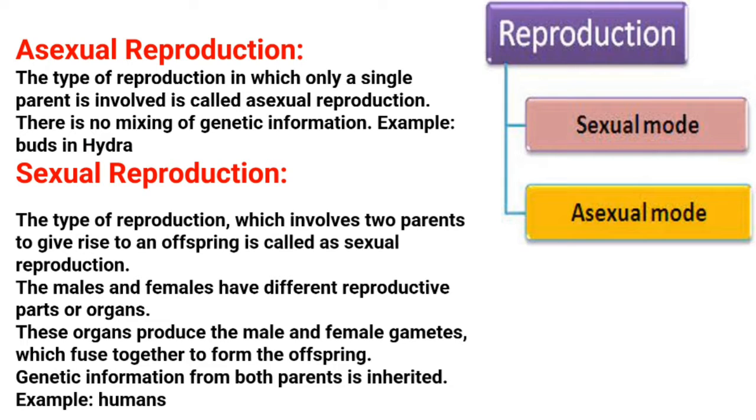Example, humans. So basically, asexual reproduction is the process in which only one parent is involved, and an example is budding in Hydra, whereas sexual reproduction requires two parents, and male and female have different reproductive parts or organs.